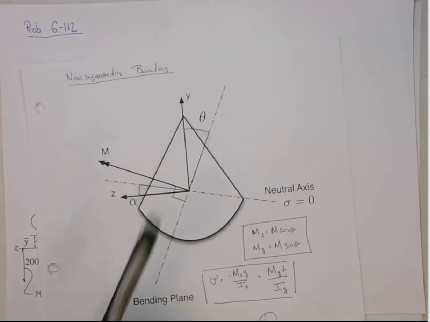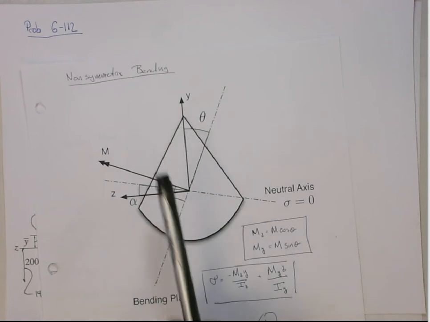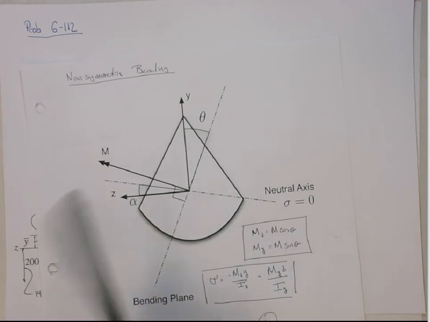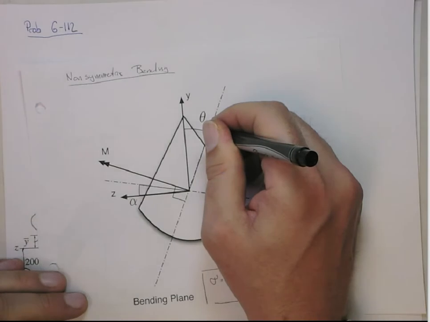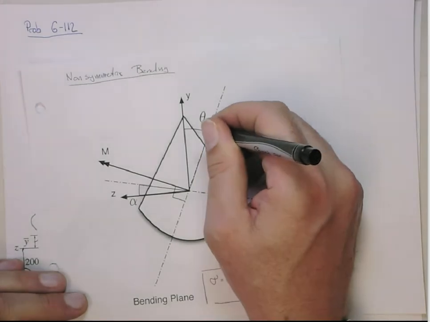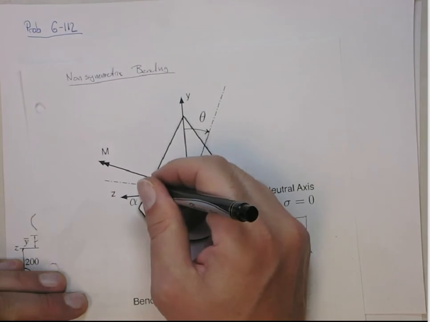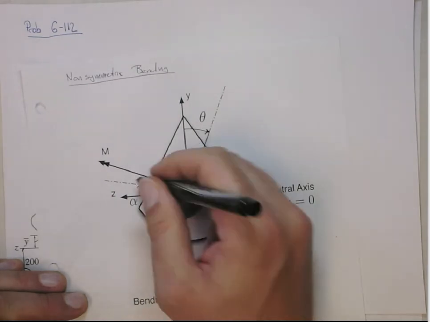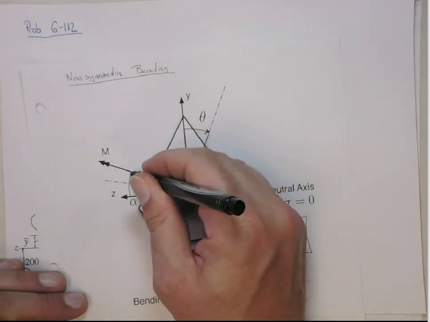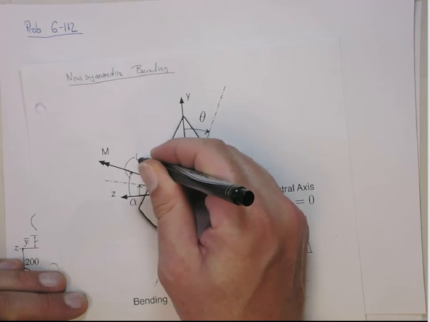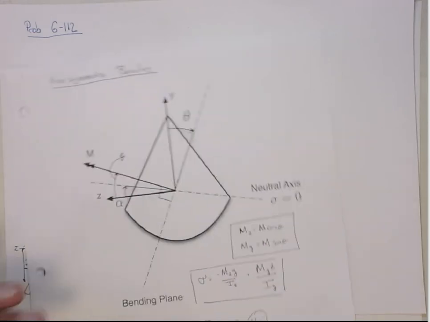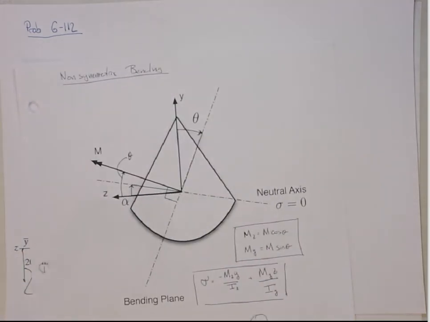If here's the bending plane, the angle theta is the angle between the y-axis and the bending plane. Or if you want to do it this way, this angle here is theta as well. It's the angle between the z-axis and the moment vector.